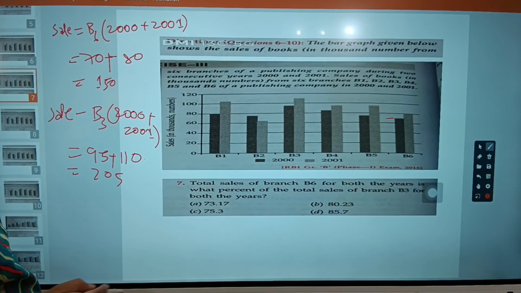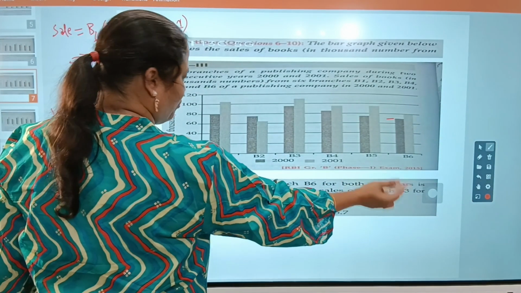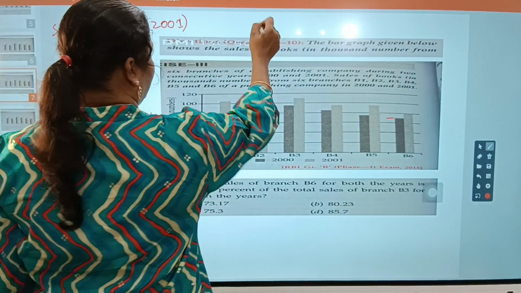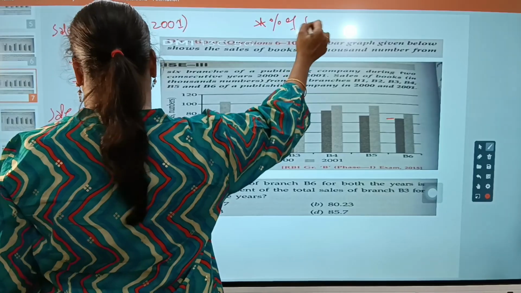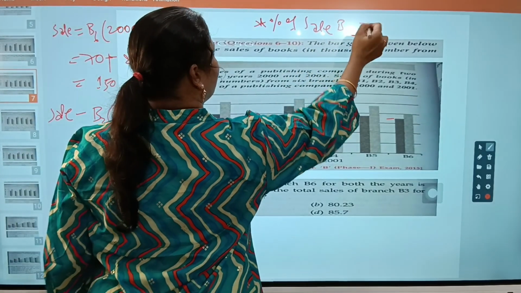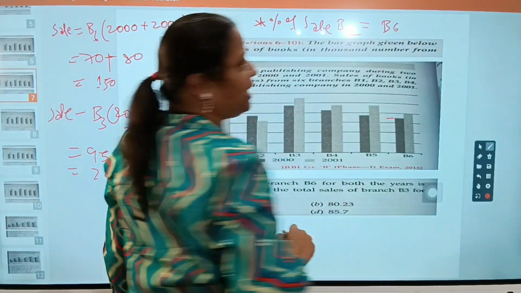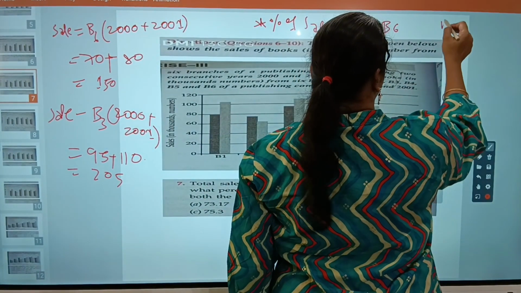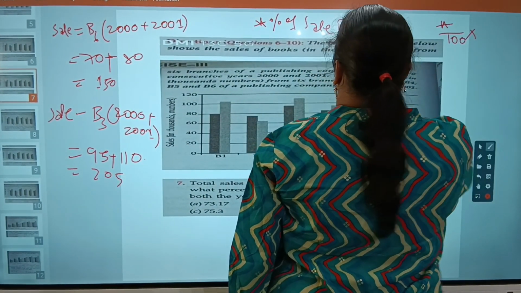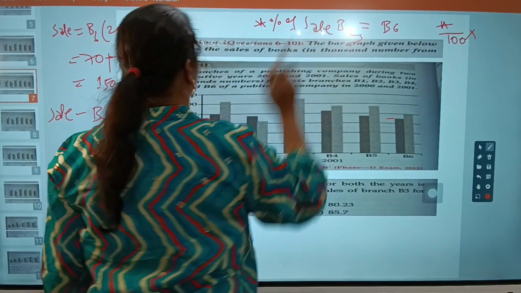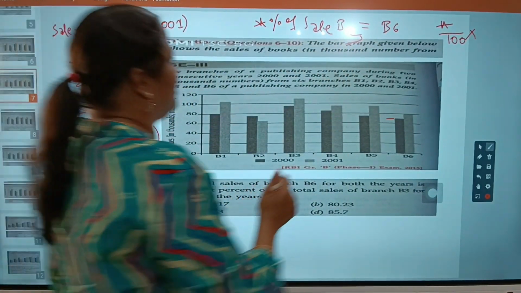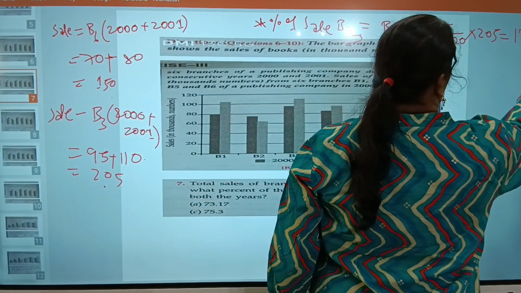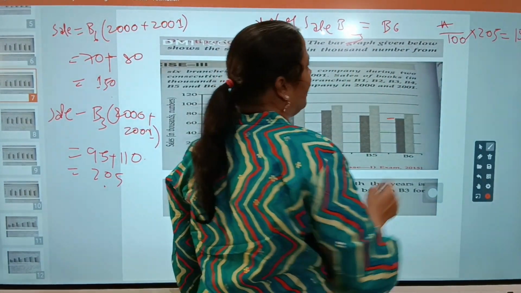Now we have to find out the total sales of branch B6 for both years is what percent of the sale of B3. X percent of sale of B3 is equal to B6. This equation we have to solve. For this, X percent means X by 100 into sale of B3. B3 is 205, is equal to the sale of B6, 150.